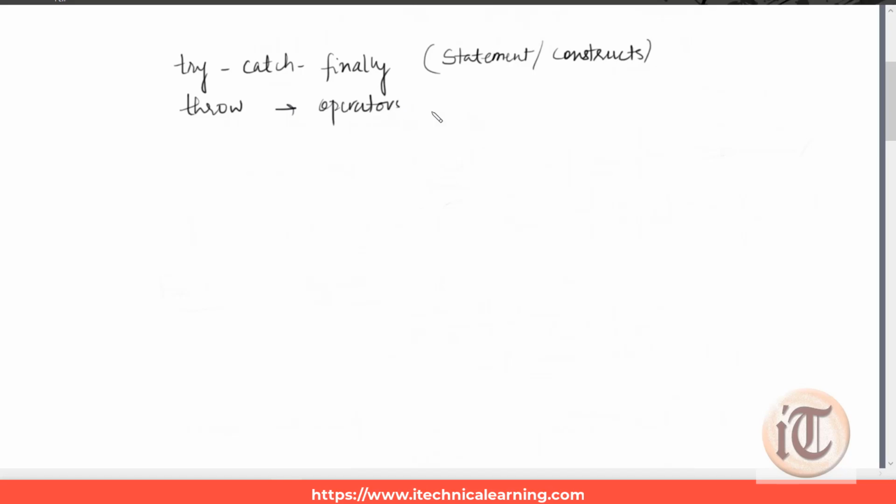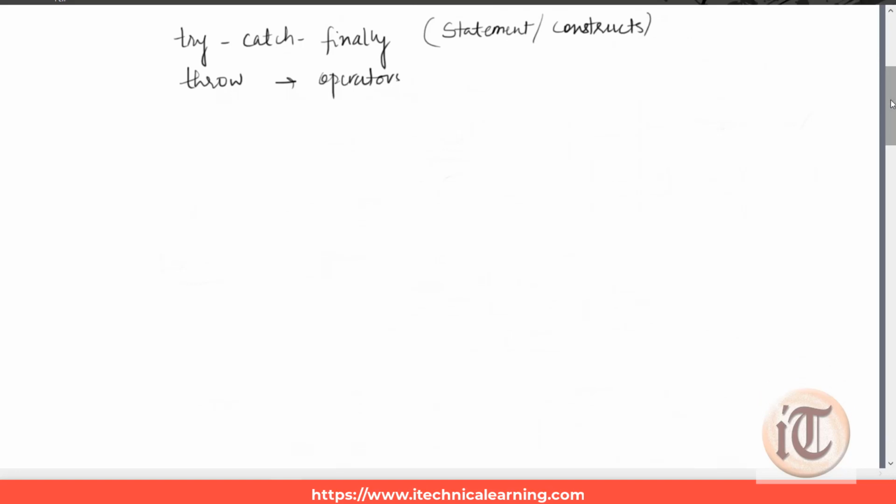So how do try, catch, and throw actually work? Suppose I have code to write, and I am denoting it by means of a flowchart. Suppose my code starts here; this is the beginning part of my code.